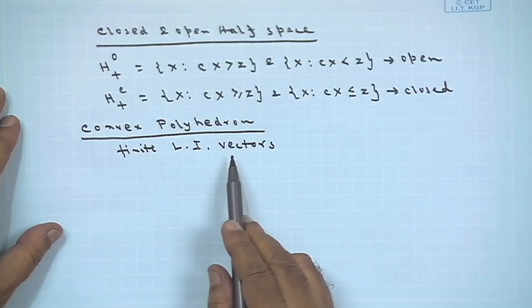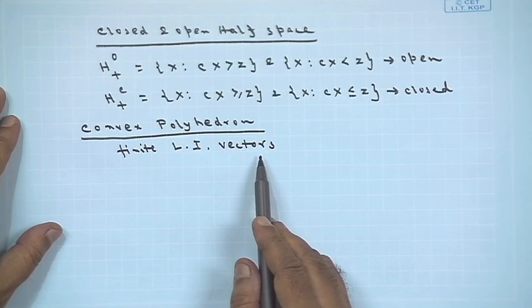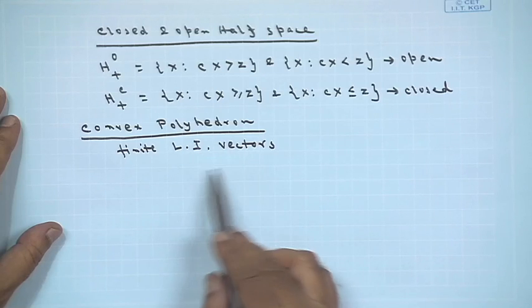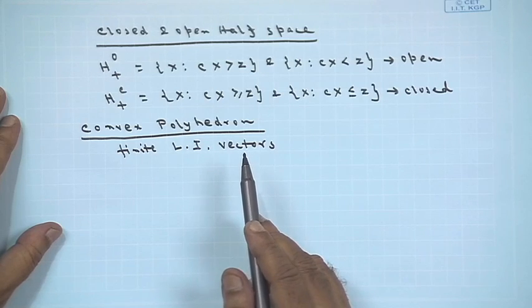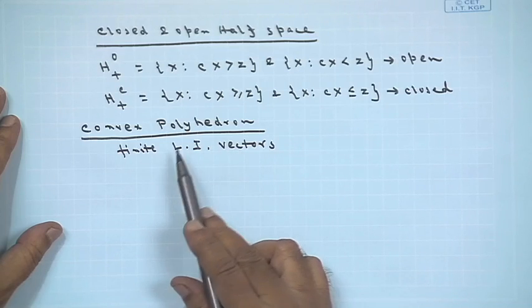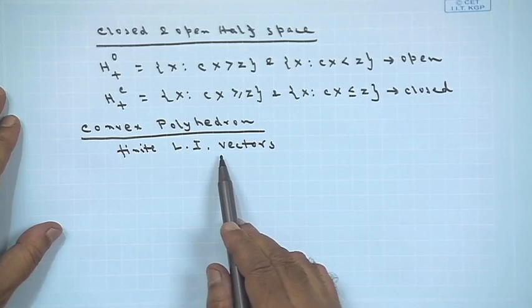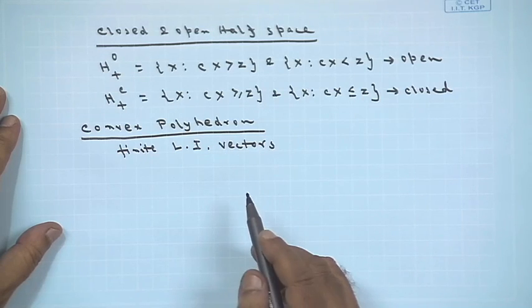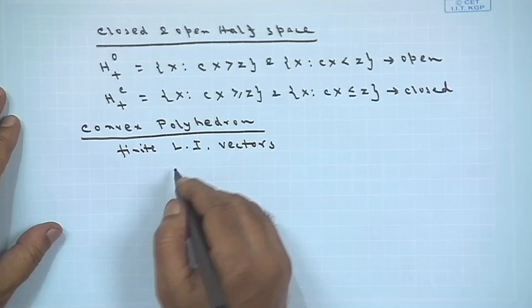If you have a finite number of linearly independent vectors, then the convex combination of all these vectors is known as a convex polyhedron. So, if I take the convex combination of them, then they will form a convex polyhedron.